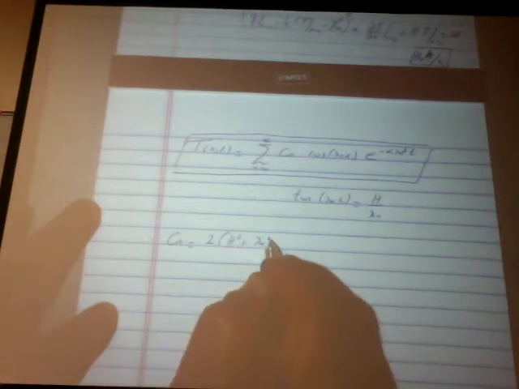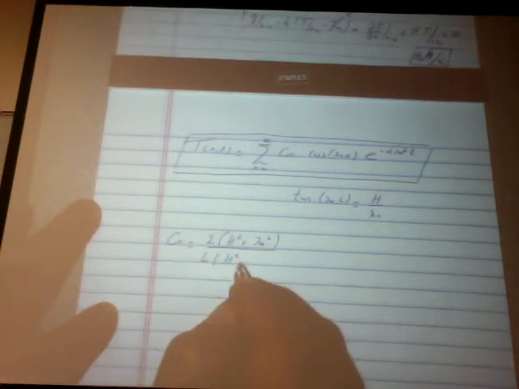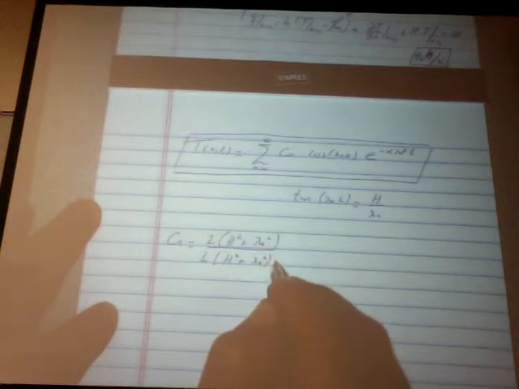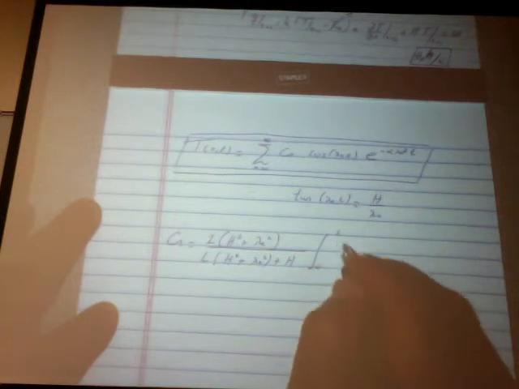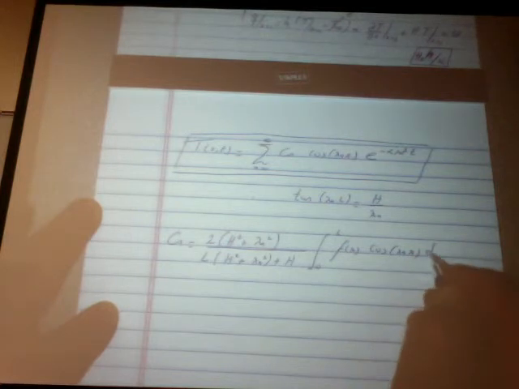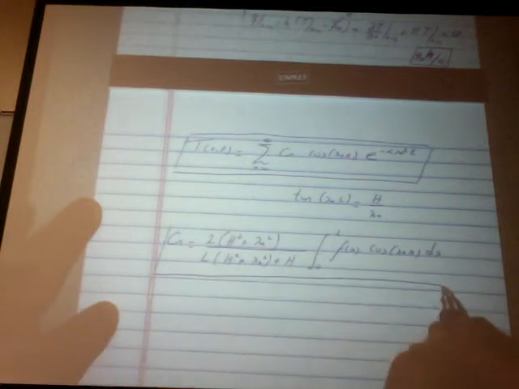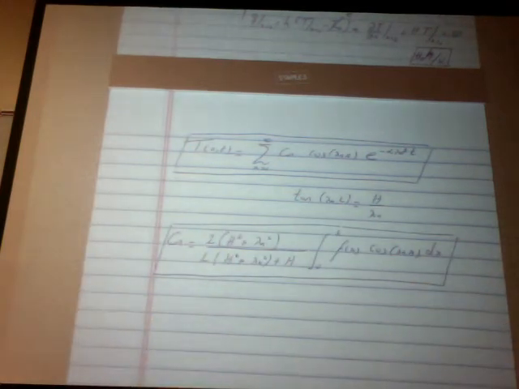And Cn is equal to twice h squared plus lambda n squared divided by L times h squared plus lambda n squared plus h, times the integral from 0 to L of f of x cosine lambda n x dx. So we actually solved this problem in class. Now we're going to implement it. We have 2 minutes to implement it, but it's going to be that simple.